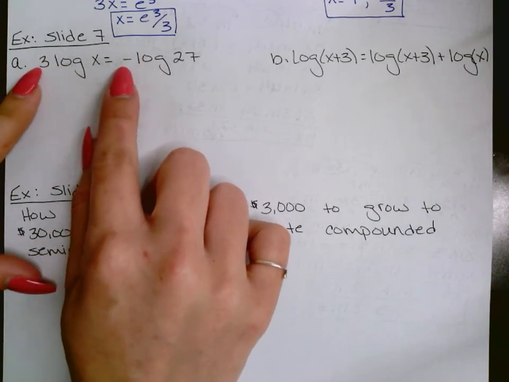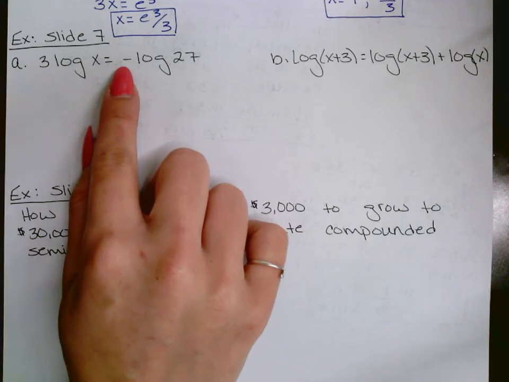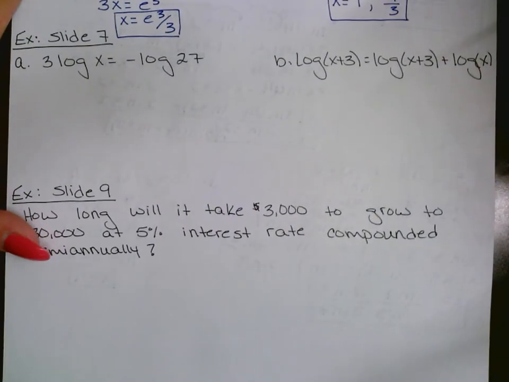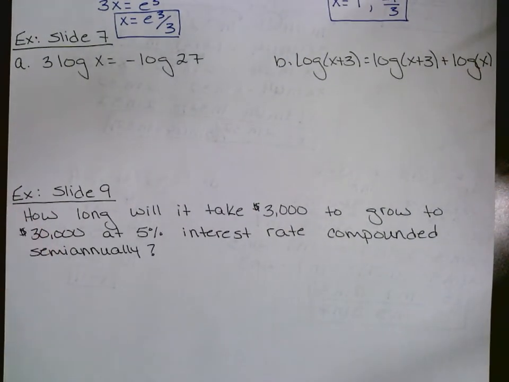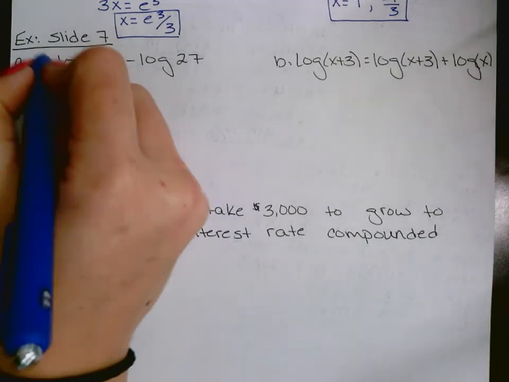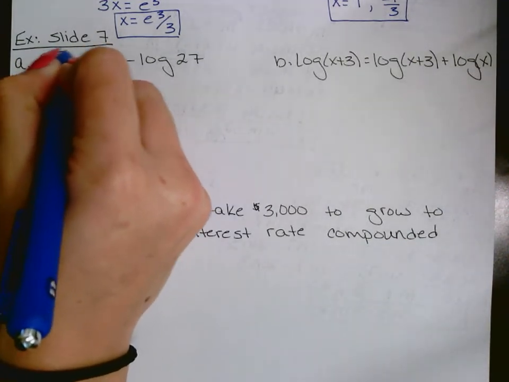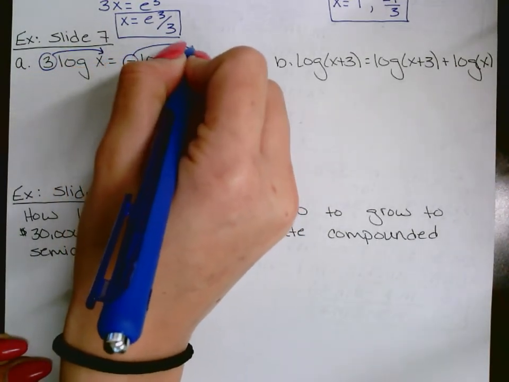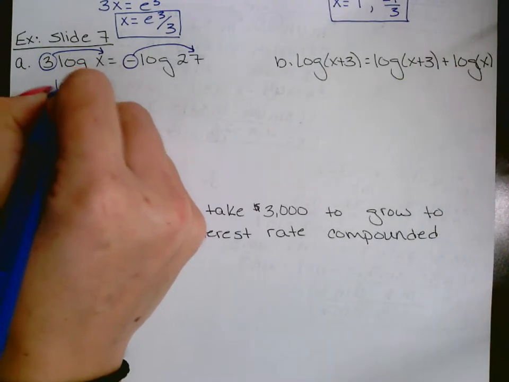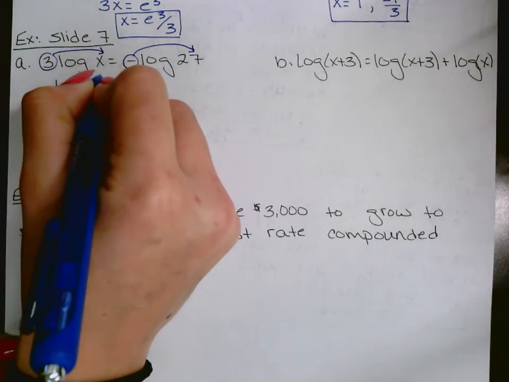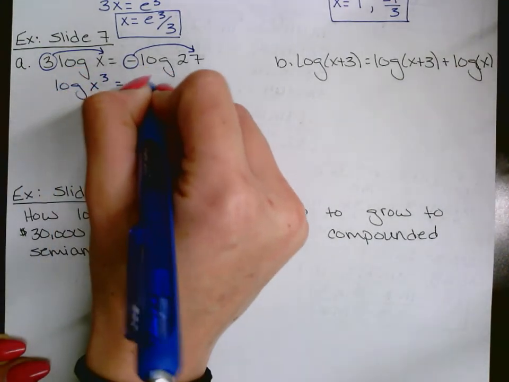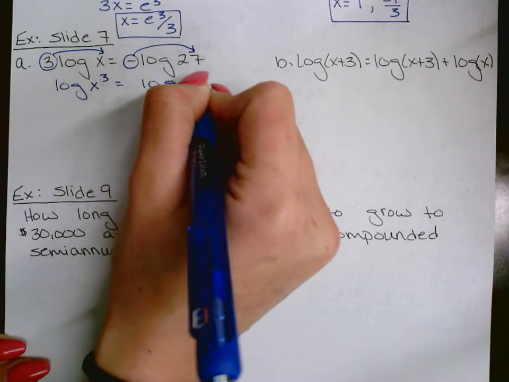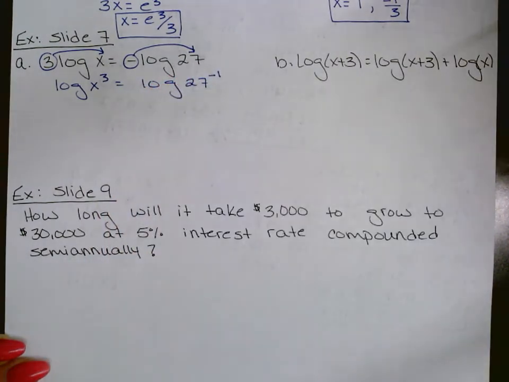But I have these coefficients stuck in the way. What do you think I could do with those coefficients? I'm going to move those coefficients up into the exponent. Once those coefficients are gone, now I have log of x cubed equals log of 27 to the negative first.